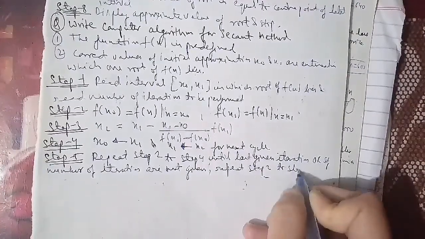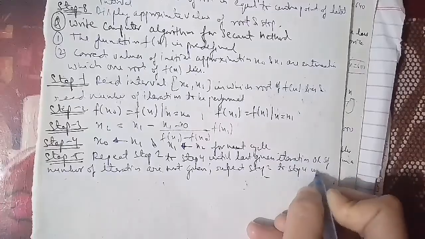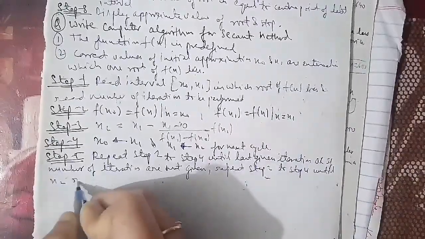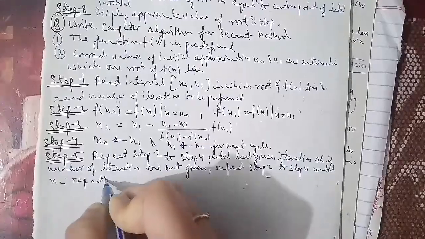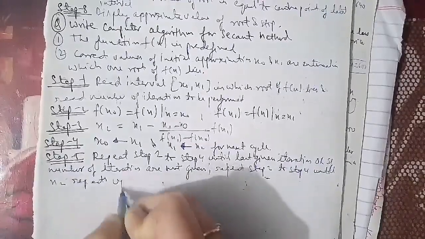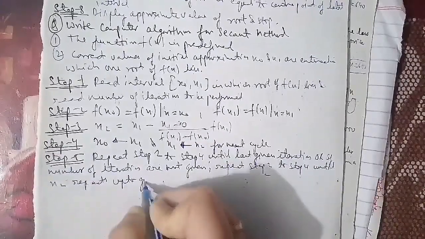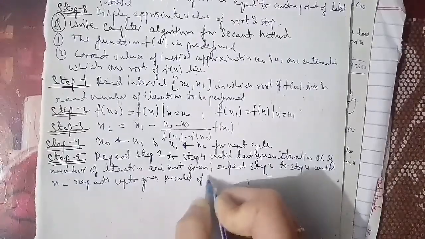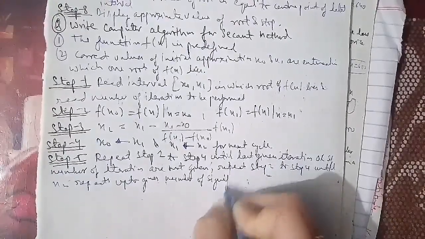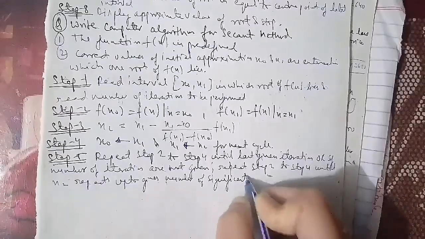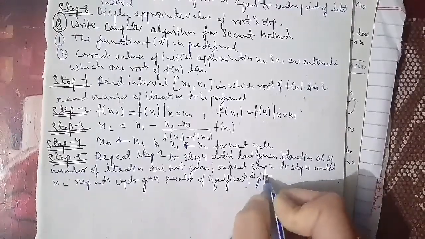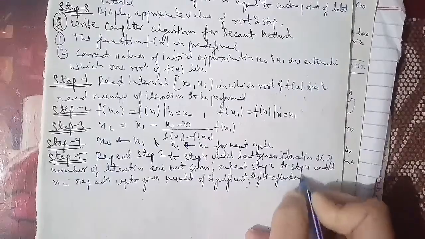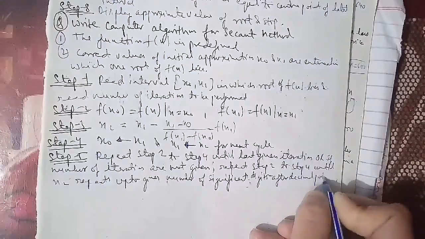Step 6: the approximate value of the root is equal to x2 of the last iteration.